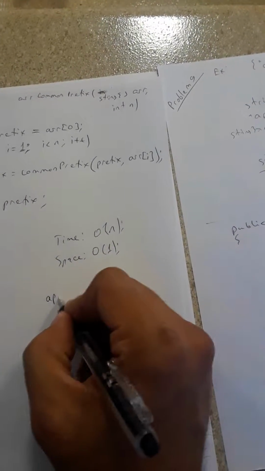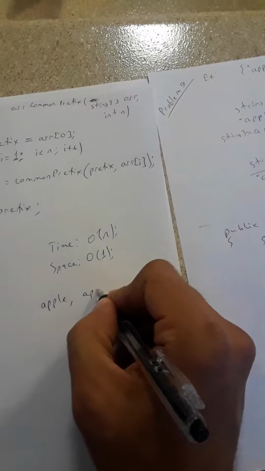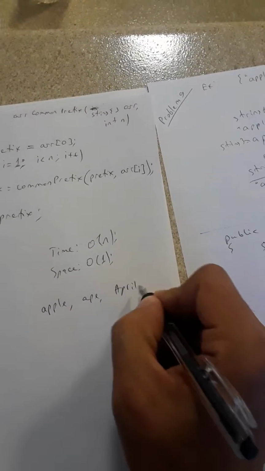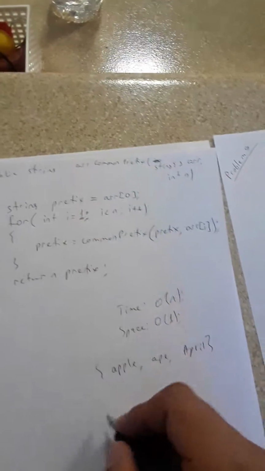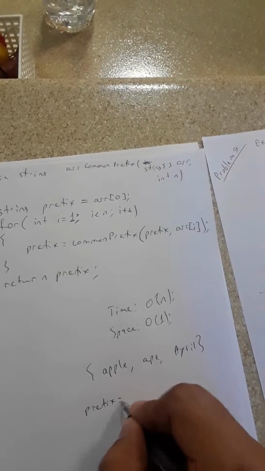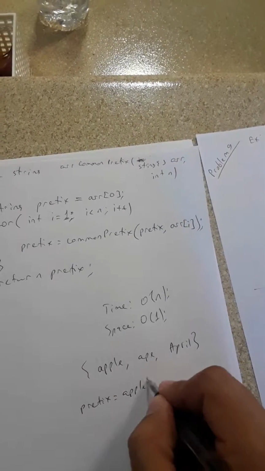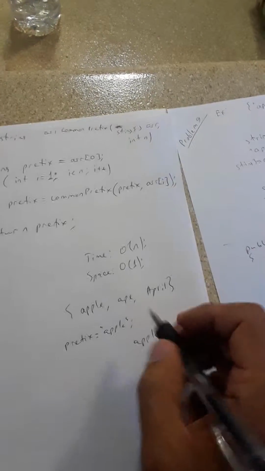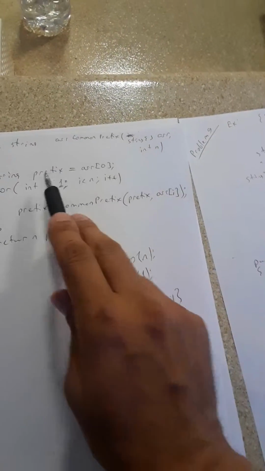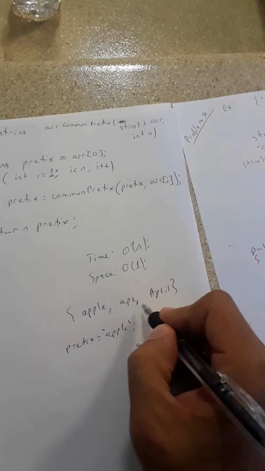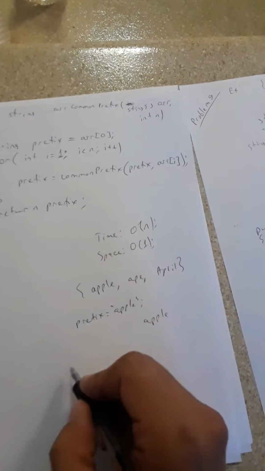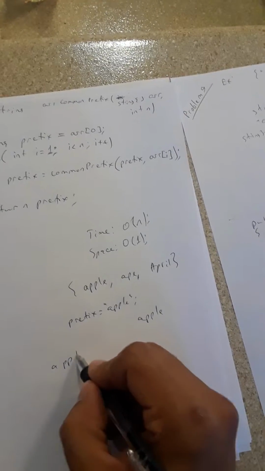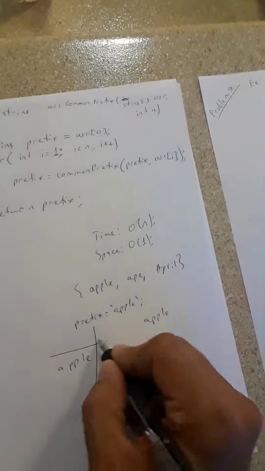We can test our function to see if it works. For example, apple, ape, and April, so that's our array. Here our prefix is equal at the beginning to apple, then we're passing our prefix and the next string, which is ape, to our common prefix, and we're comparing them.